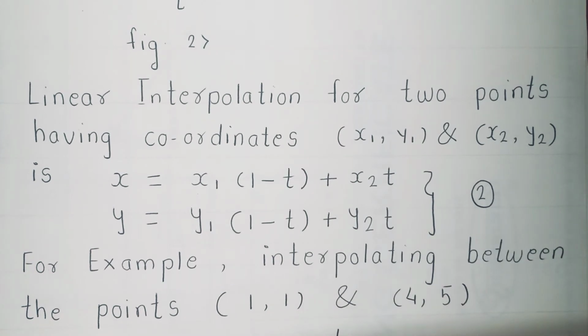For example, if we want to find the interpolation between the points (1, 1) and (4, 5), what does it mean? The values of x1 and y1 are 1 and 1, and the values of x2 and y2 are 4 and 5. Now put the values in equation number 2.